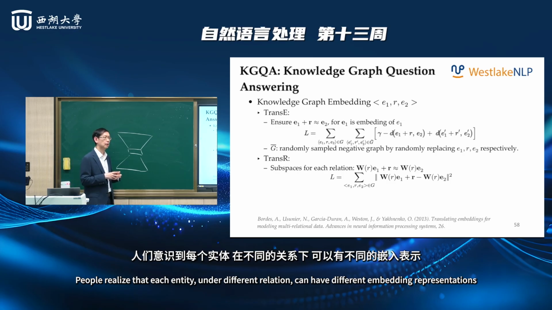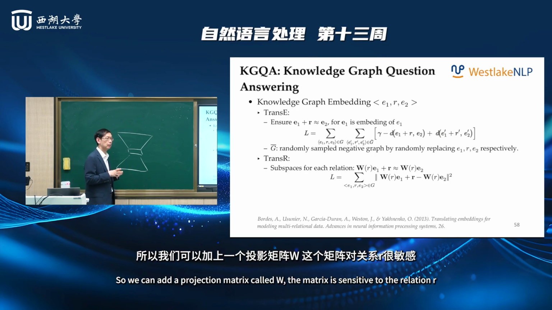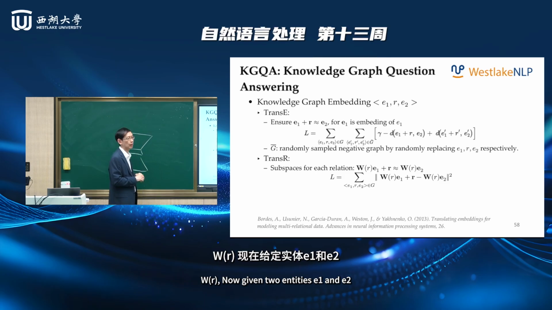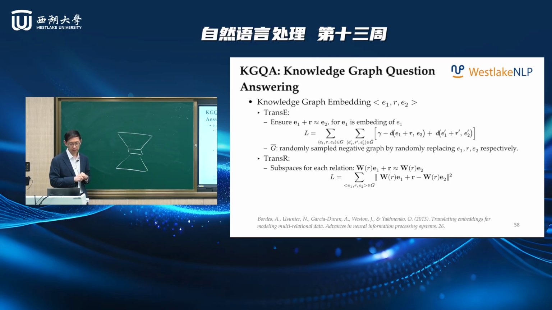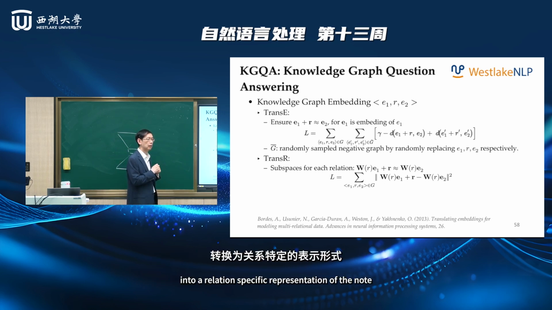People realize that each entity, under different relations, can have different embedding representations. So we can add a projection matrix called W. The matrix is sensitive to the relation R, W_R. Now given two entities, E1 and E2, I first map the entity embeddings E1 and E2 using this matrix W_R into a relation-specific representation of the node.